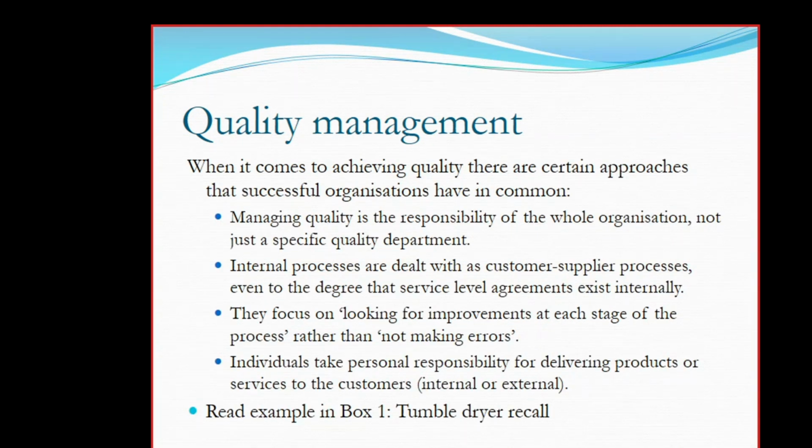When it comes to achieving quality, there are certain approaches that successful organizations have in common. Some organizations suffer because of quality issues, and some are known to be very good when it comes to quality.